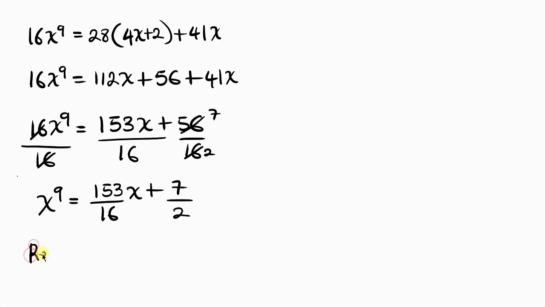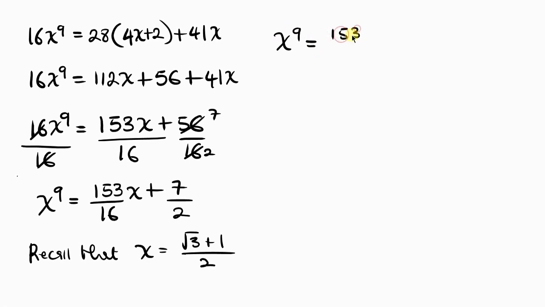Now recall that x from our substitution is equal to the square root of 3 plus 1 all over 2. So we're going to be putting this value in place of x. So let's do that. So we have x to the 9 to be equal to 153 over 16 times the square root of 3 plus 1 all over 2, and then plus 7 over 2.